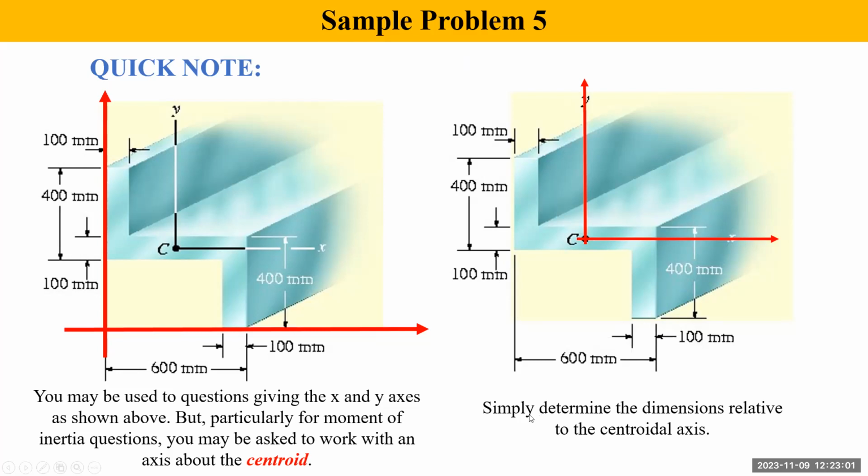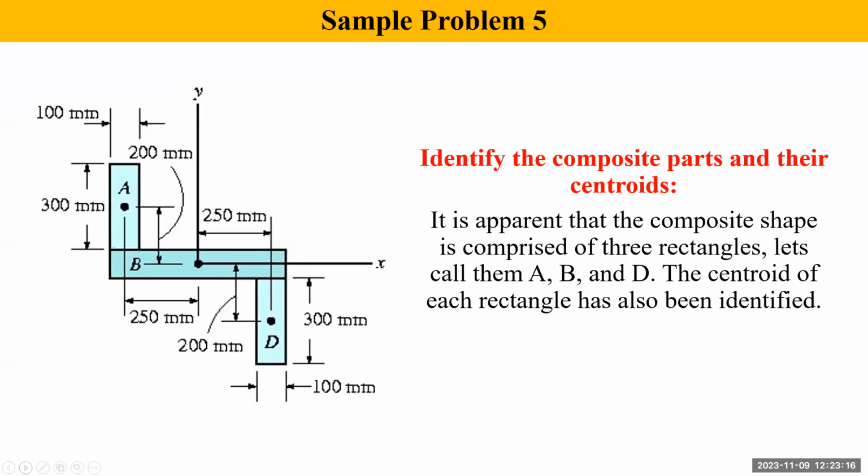Move on to this here. Simply determine the dimensions related to the centroidal axis, all right? So you must determine the relationship to the centroidal axis, all right? As I said before, you normally separate, so get into the figure now.